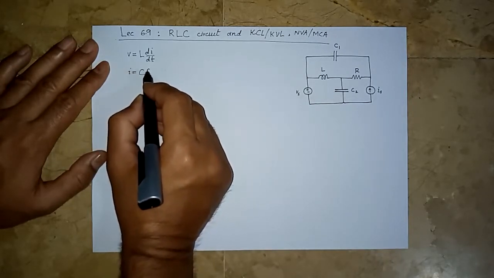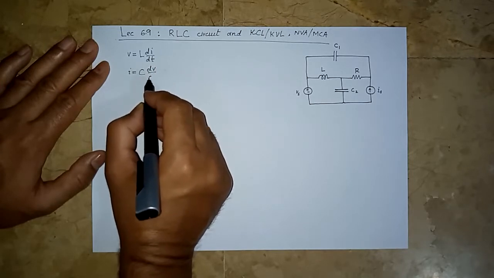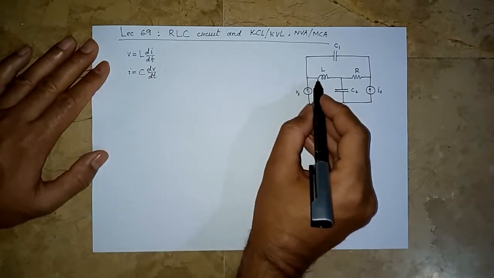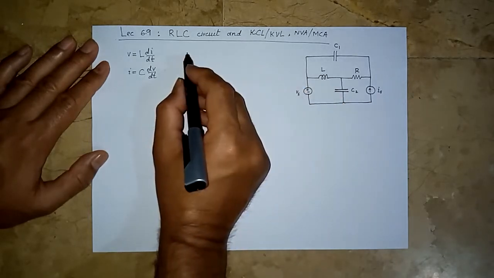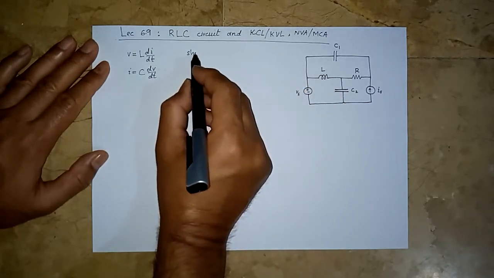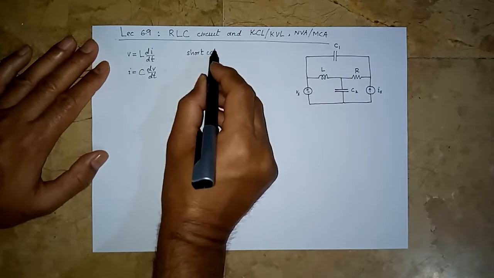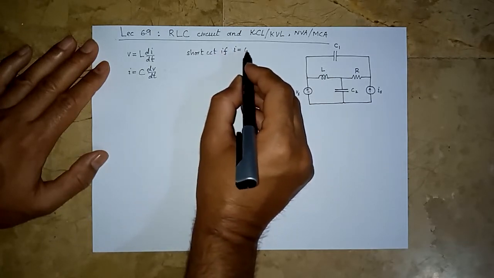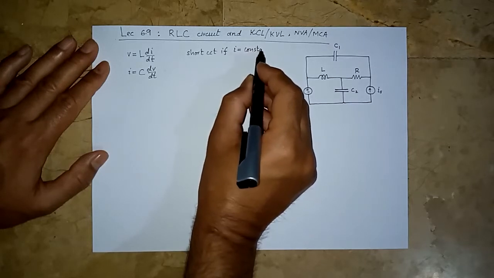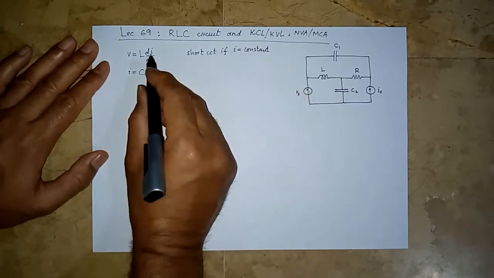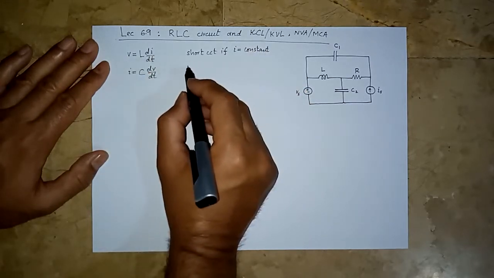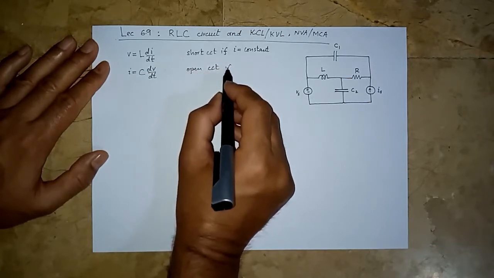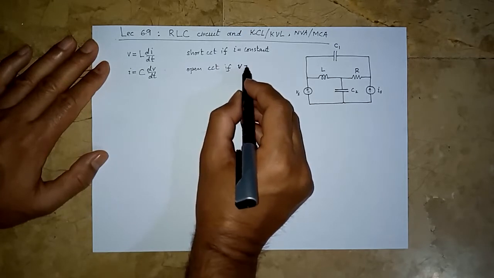It is an open circuit for the case of constant voltage. And this, the inductor, is a short circuit if I is constant. Why? I constant, derivative is 0, V is 0. And this, the capacitor, is an open circuit if V is constant.